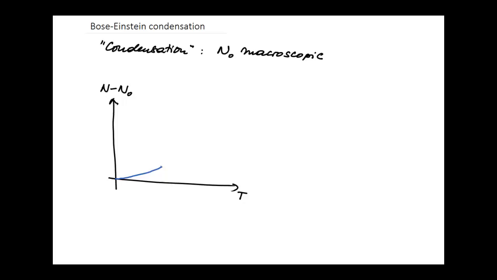Now this approximate formula will be valid up to some temperature, and then the quality of the first order Taylor expansion will deteriorate, and this will no longer be a good approximation. So let me say this is a good approximation up to this temperature that I indicated here, and then for higher temperatures this is only a rough estimate.